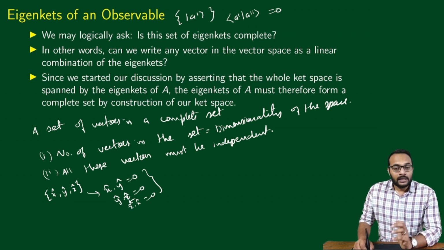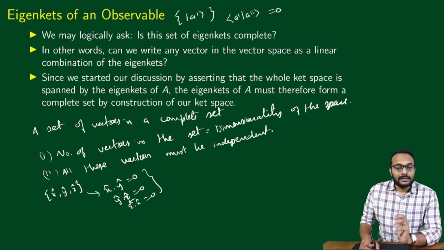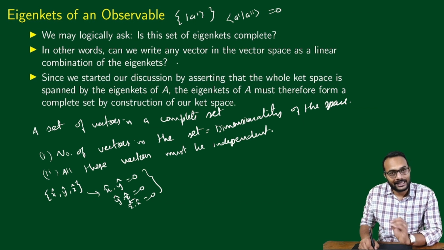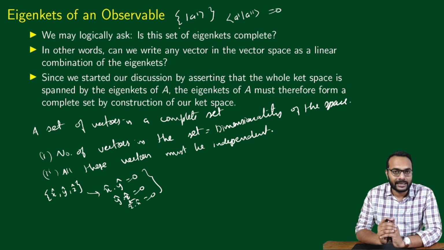We have already shown that these eigenvectors corresponding to different eigenvalues are orthogonal. So the answer here is that this set actually forms a complete set. This set of eigenkets of a Hermitian operator forms a complete set. This means that any ket in this space can be expanded as a linear combination of these eigenkets.